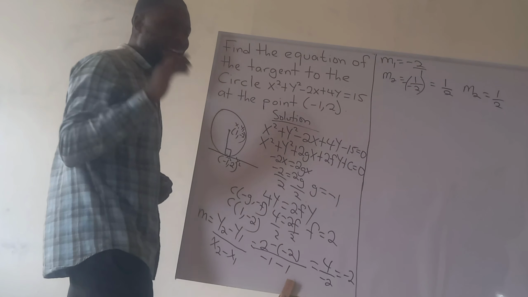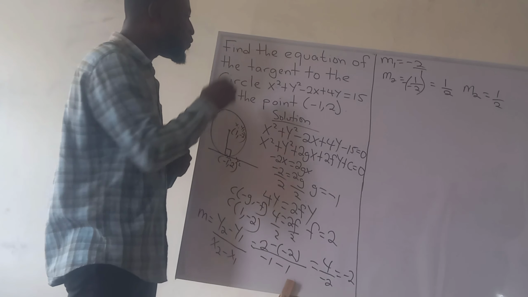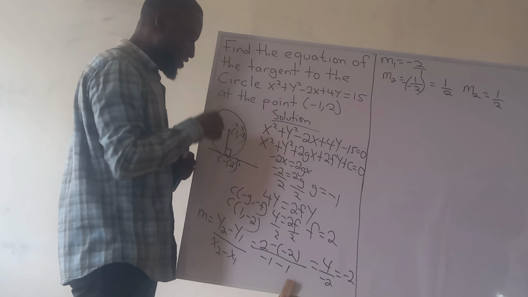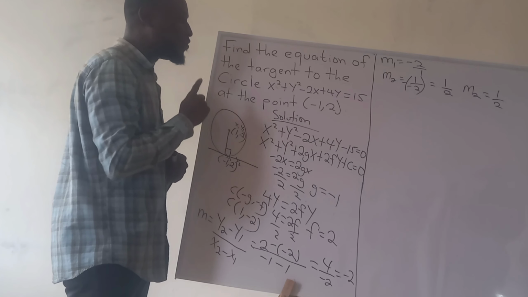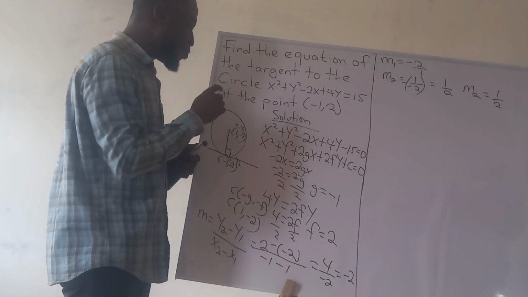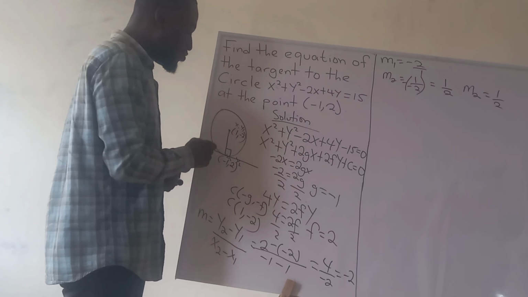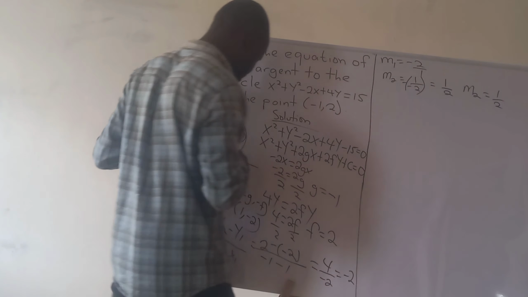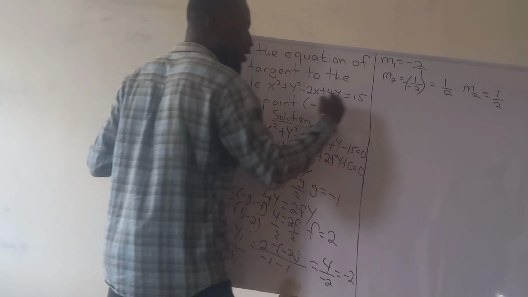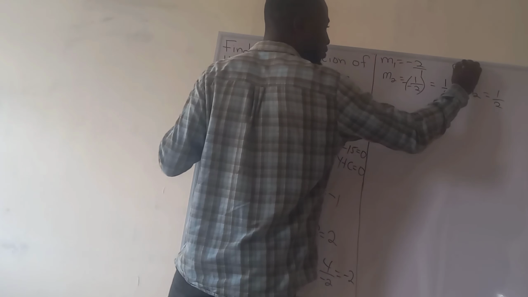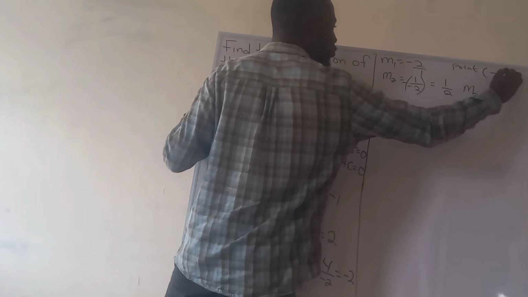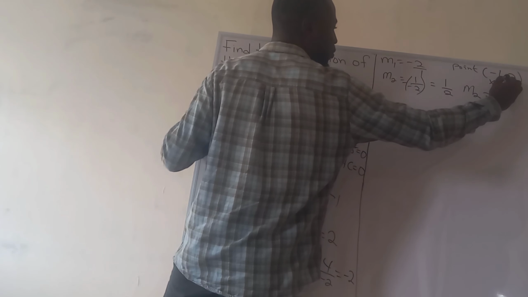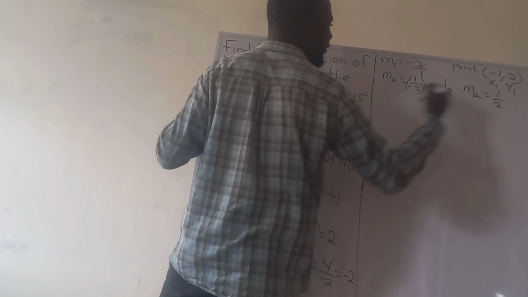And the gradient from the center to the point of tangent is -2. But the question says you should find the equation of the tangent, not the center and the point of tangent. So we are going to use the coordinate of the point of tangent, which is -1, 2. So this is our x1 and this one is our y1.